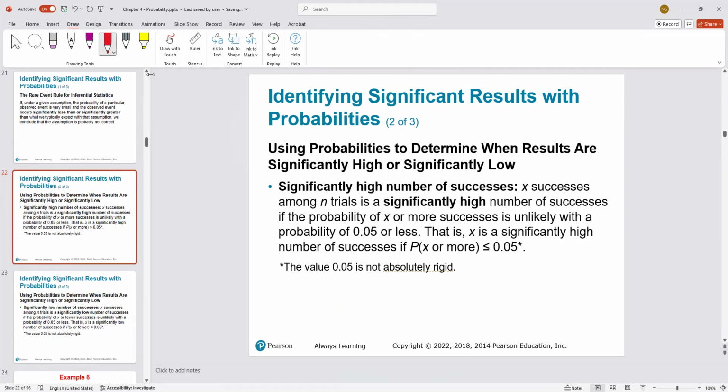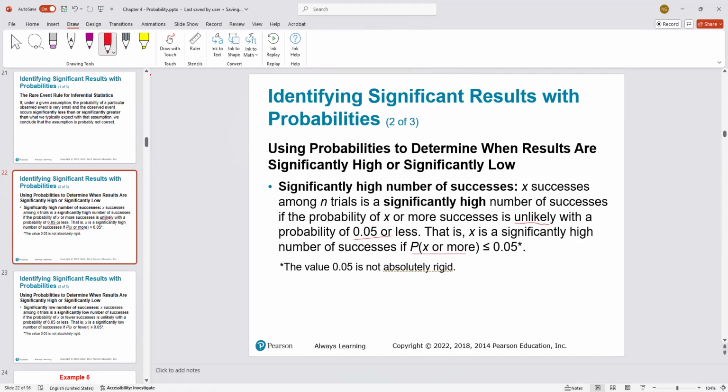Let's say X successes among N trials is a significantly high number of successes if the probability of X or more successes is unlikely, with a probability of 5% or less. Because that probability of X or more is less than 5%.